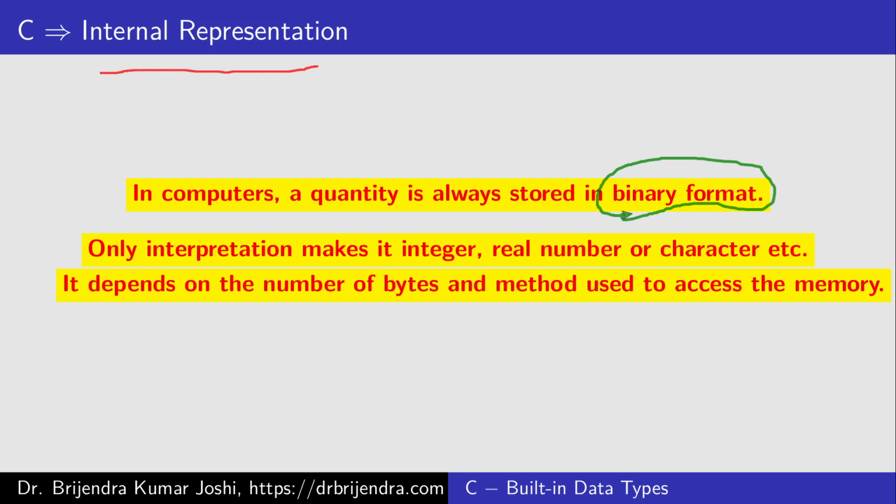I have seen a number of students asking how alphabets like capital A, B, C, D, symbols, and decimal numbers are stored. Remember, everything is stored in binary format. So all built-in data types are stored in binary format.